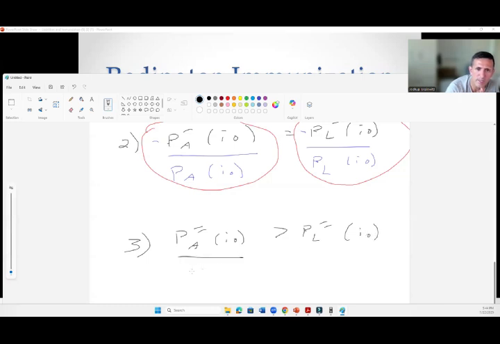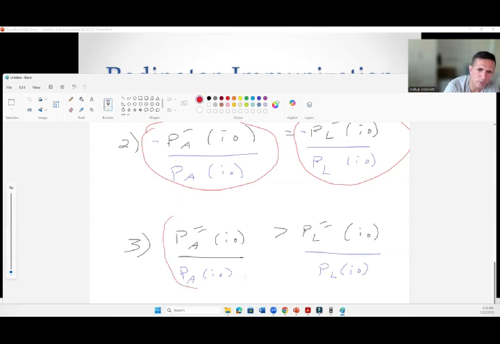Now I'm going to divide again by the same thing, but I'm justified here from 1. Again, these two are the same, and this is what we call modified convexity.